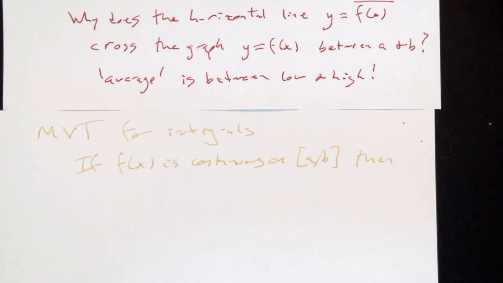There was some value f of c between A and B. The slope of the tangent line was equal to the secant line, the one that went from A to B. The average value was equal to the tangent value at some point.